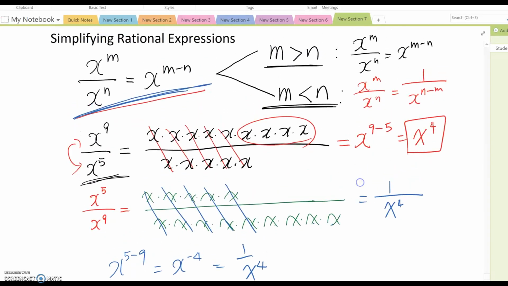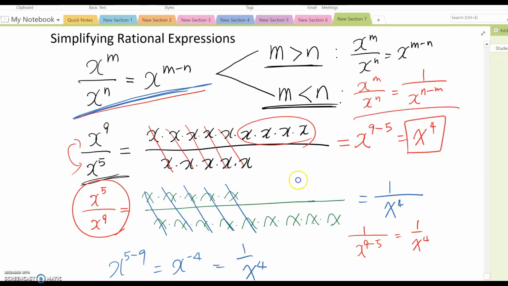So like here, if we apply this property, because the denominator degree is higher than the numerator, you can make 1 over x to the 9 minus 5, equal to 1 over x to the fourth.